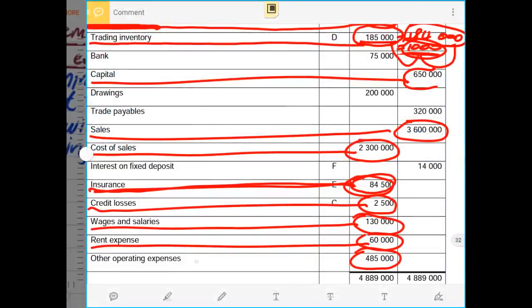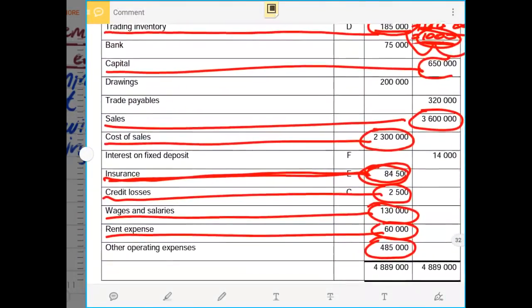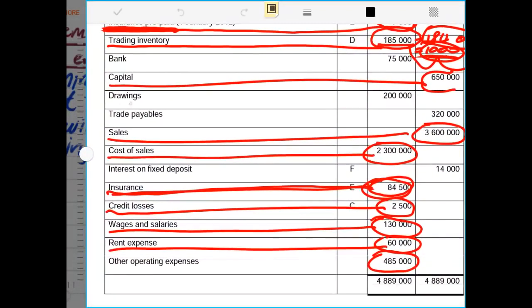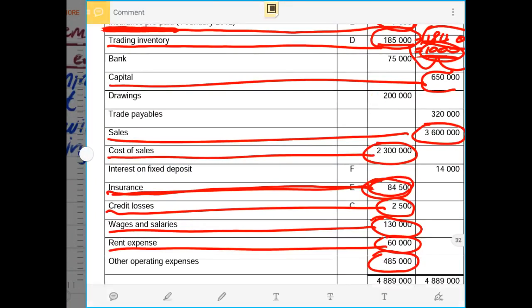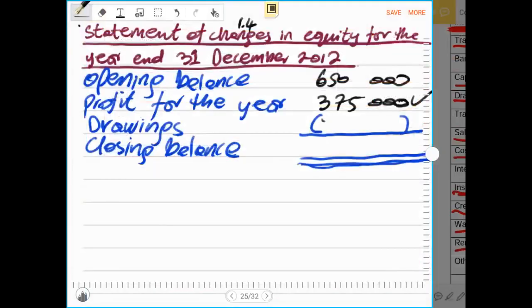If there was an adjustment, you'll have to take it into account. The drawings already recorded in the trial balance was 200,000 rands. Therefore we record that as 200,000 rands. Then the closing balance in the statement of changes in equity will be 825,000 rands.